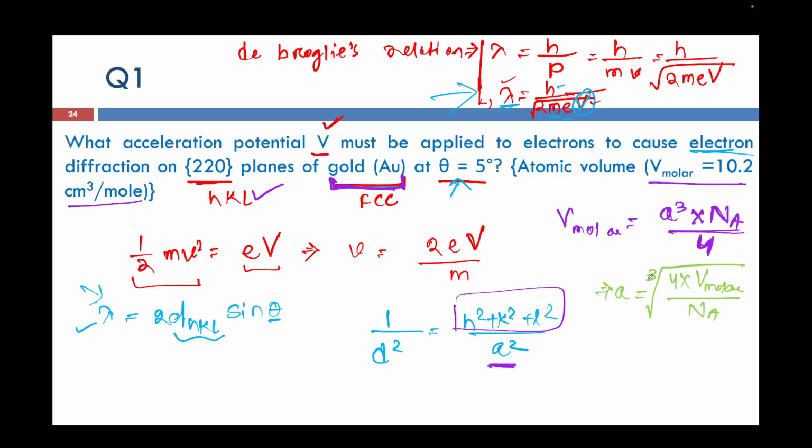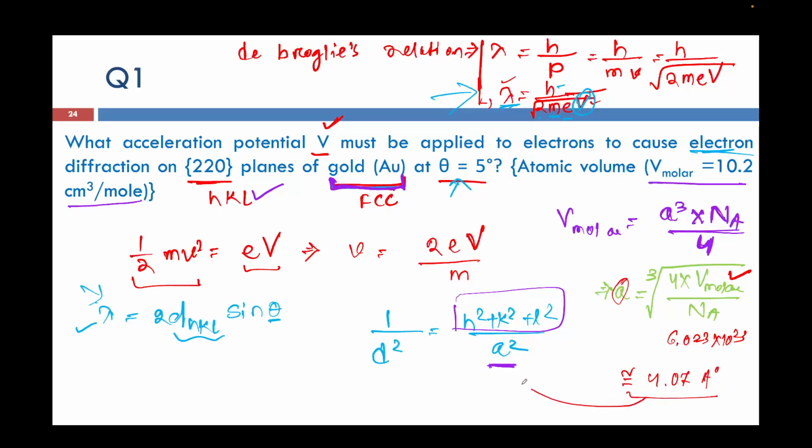Okay, so now I can see that all these expressions are given to me. 4 I know, V molar is given, 10.2, Na is 6.023 into 10 to the power 23. Now I will get some value of a. It will be coming somewhere close to 4 point something, if I remember correctly, 4.07 angstrom or something.